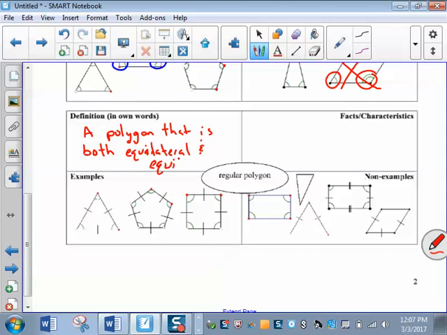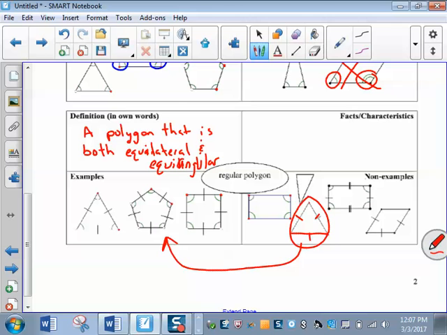The only thing that that's true for is triangles. So, a triangle that's equilateral has to also be equiangular. So this triangle here is marked equilateral. So this is actually not a non-example, but it is in fact an example of a regular polygon. That's only true for triangles.